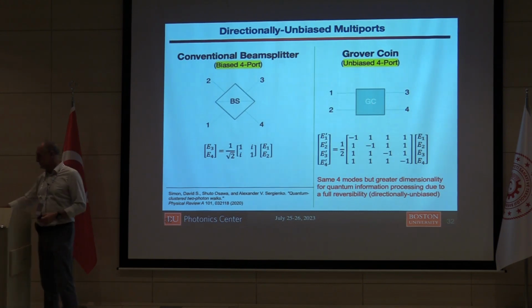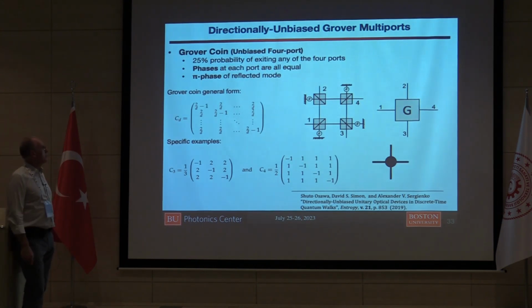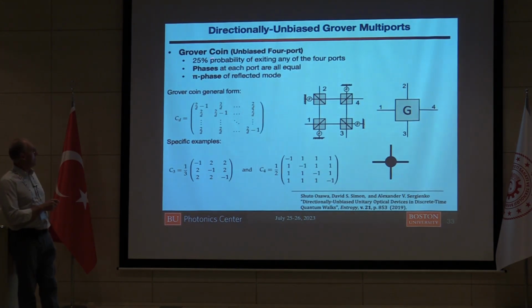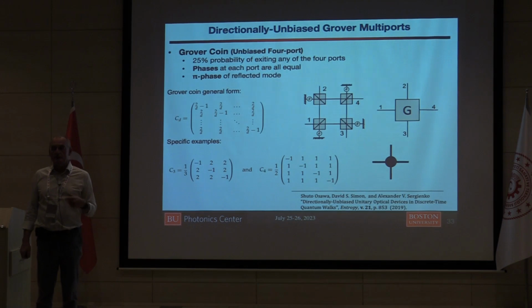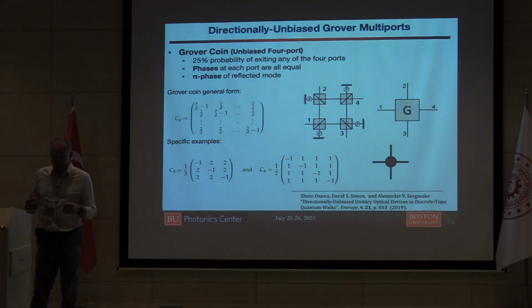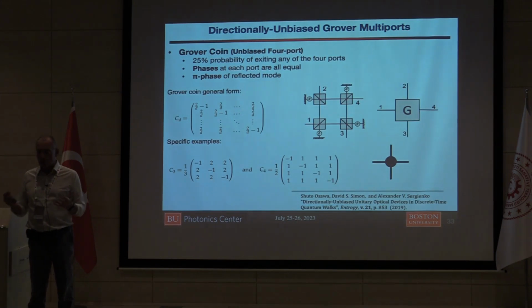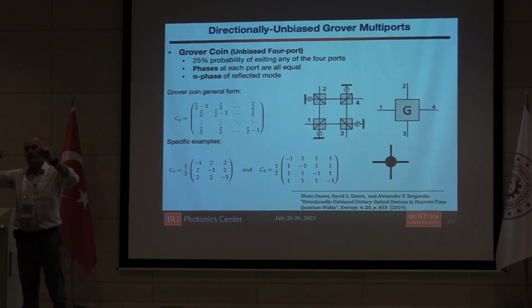This 4-port could be different. One interesting combination is the Grover coin. Lov Grover, remember I told you about the Grover search algorithm. He designed a particular type of matrix for the quantum walk, where you send the photon and it experiences a scattering center, gets scattered, and then again, and your energy kind of walks through the system.